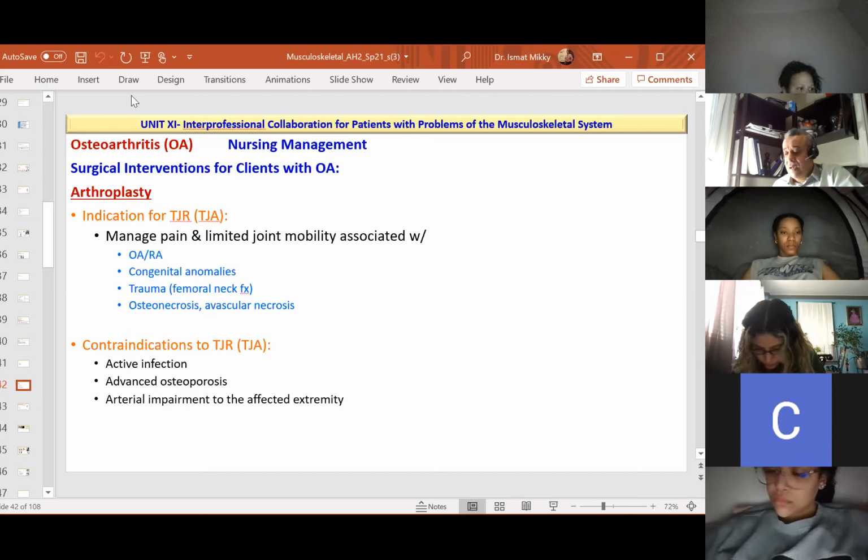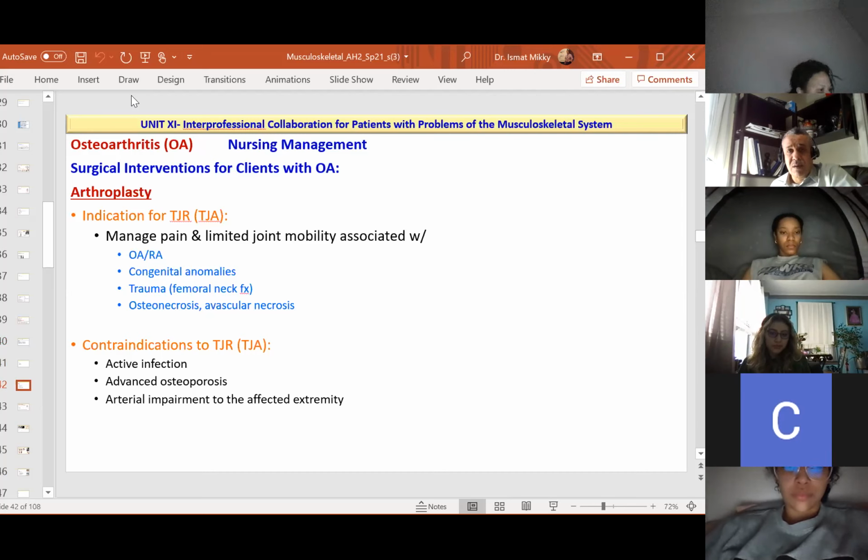So if previous fixations were performed, and the failure of these fixations then will result in something called osteonecrosis or avascular necrosis. Avascular means the necrosis has resulted because of the decreased perfusion to the fractured area, which here is the joint replaced in this case.